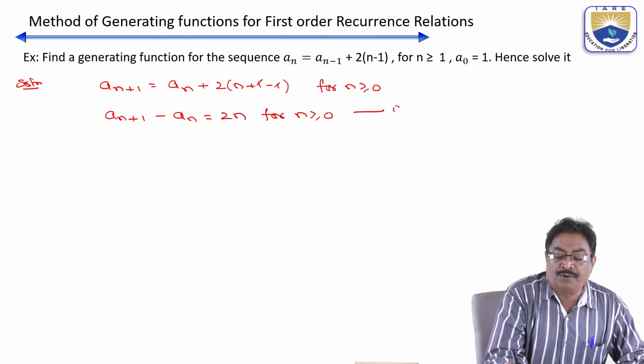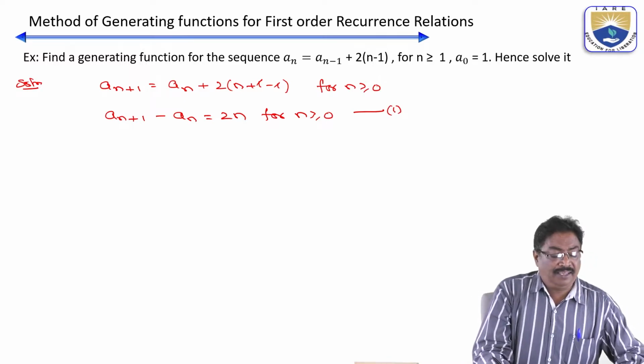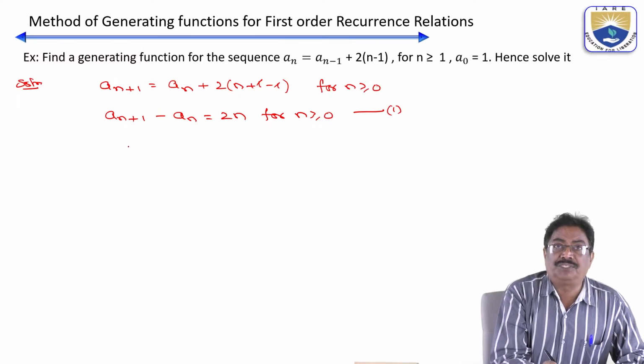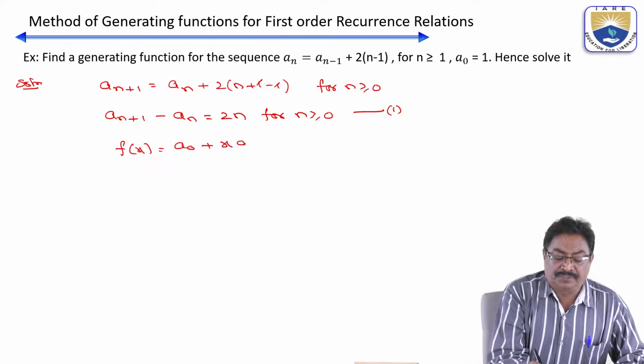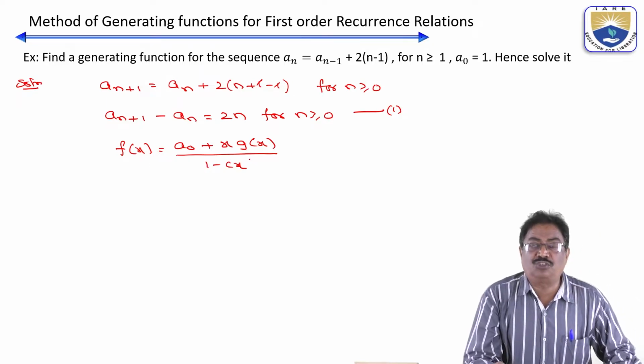Call this as 1. Now, for this, the generating function which we discussed in the previous class, f of x is equals to a naught plus x into g of x by 1 minus cx. Here c is equals to 1.